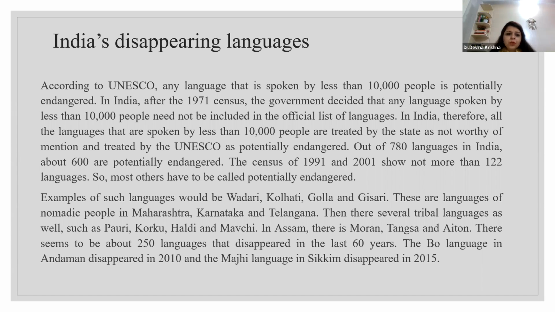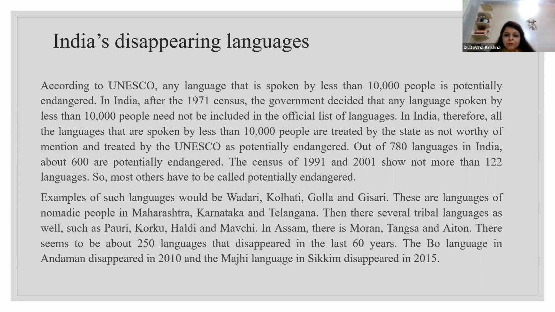In India, all the languages spoken by less than 10,000 people are treated by the state as not worthy of mention, and they are treated by UNESCO as potentially endangered. So out of 780 languages in India, almost 600 are potentially endangered.